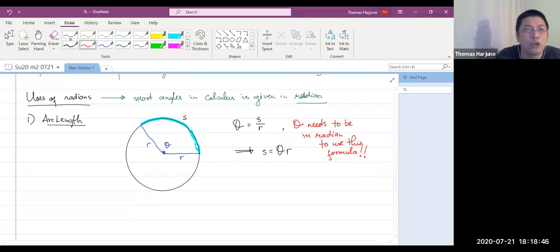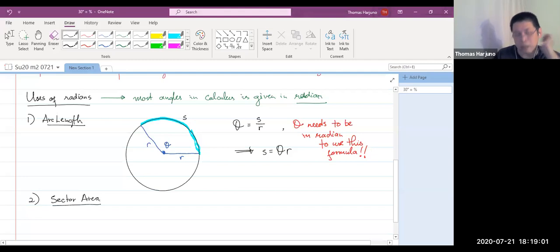Now, the second use is on sector area. Sector area here is this region, the area of this region.